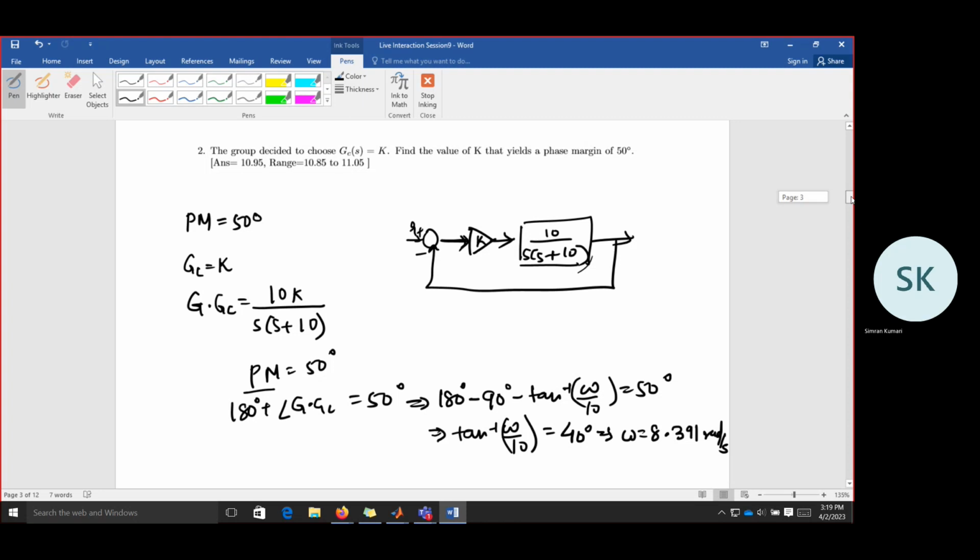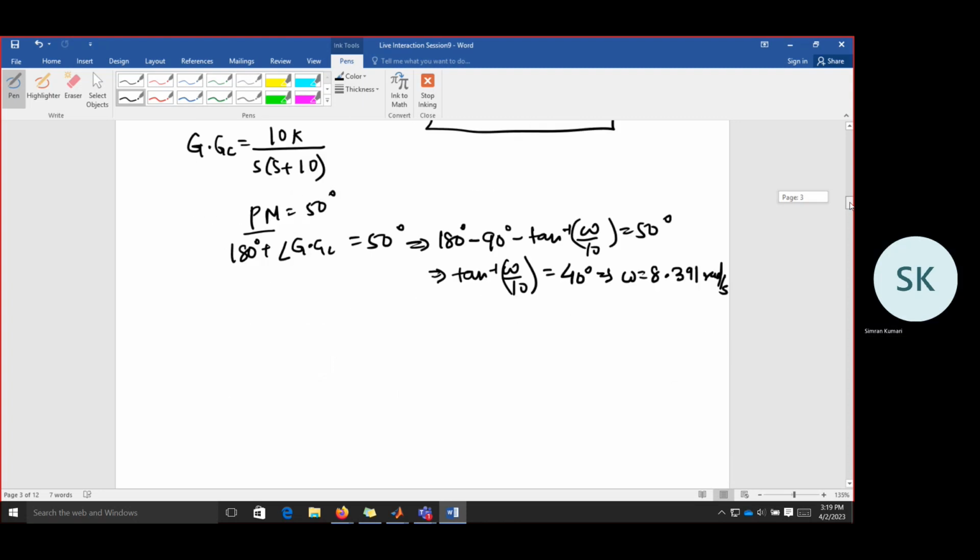Now at this frequency, the angle is 50 degree, and this should be our phase margin.